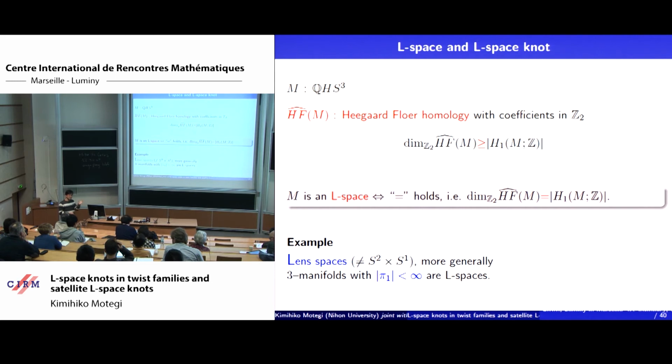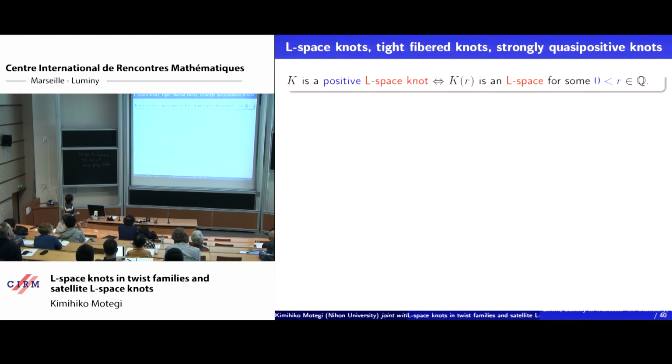And there are infinitely many hyperbolic L-spaces. Now, what is an L-space knot? We say that K is a positive L-space knot if some positive rational number r surgery on K results in an L-space.